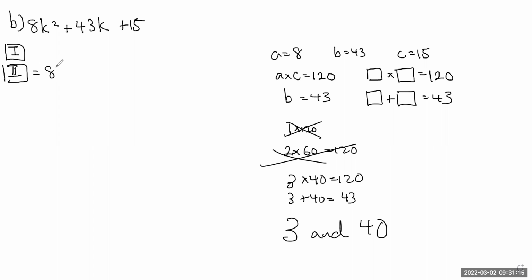This is going to be written as 8K squared plus, I think it'll be nicer to start with 40. Because I know 8 and 40 are nice multiples. There it is. And let me do some highlighting so that you know where everything is coming from.